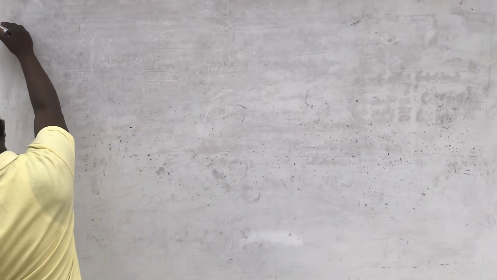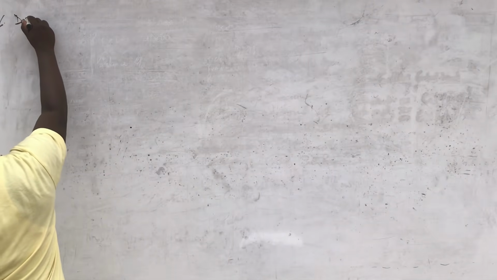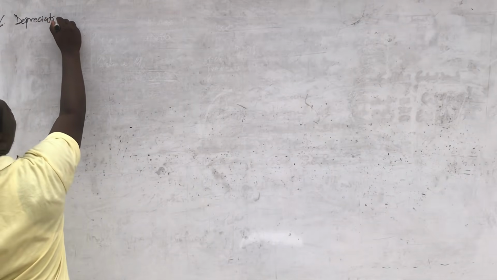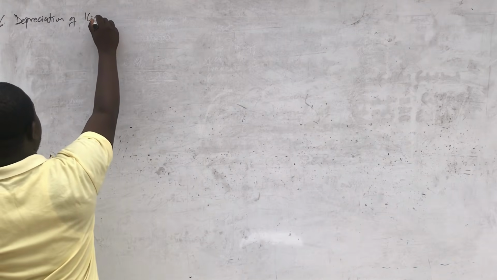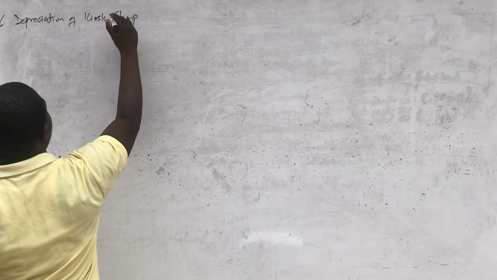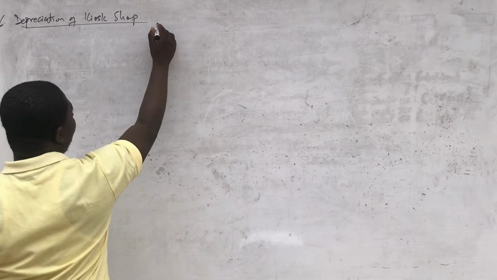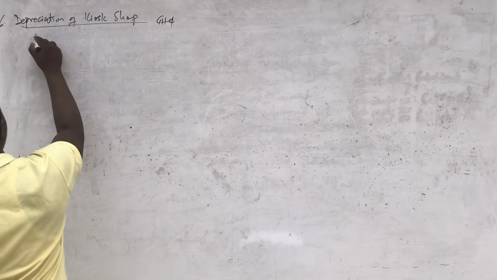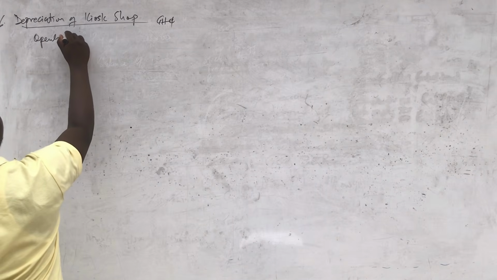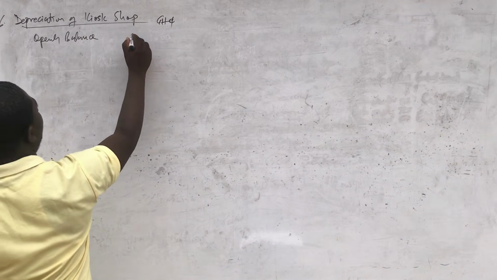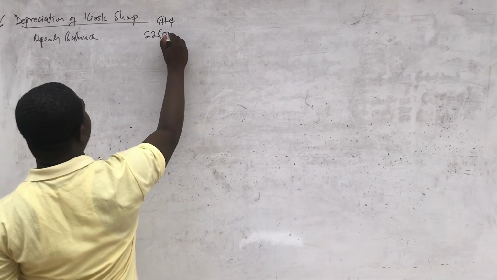And so, working 6, you will see depreciation of kiosk shop. You will say depreciation of kiosk shop. Now, the opening balance was 225,000.